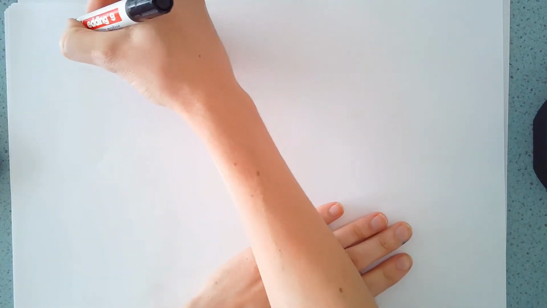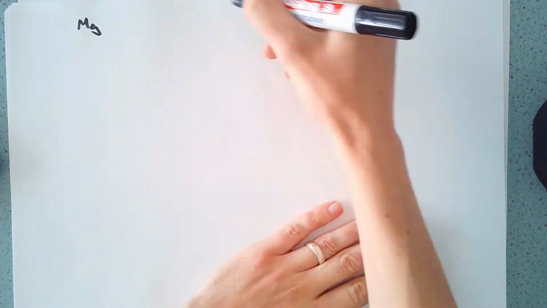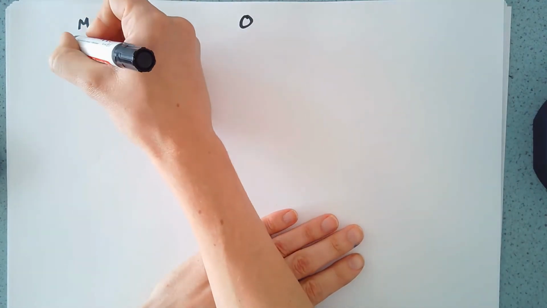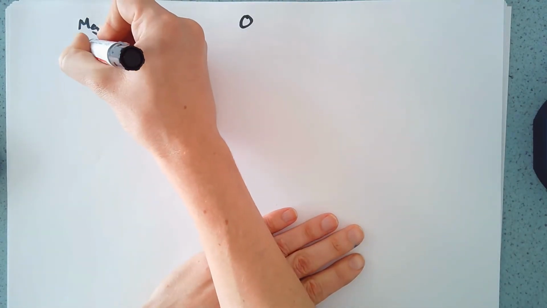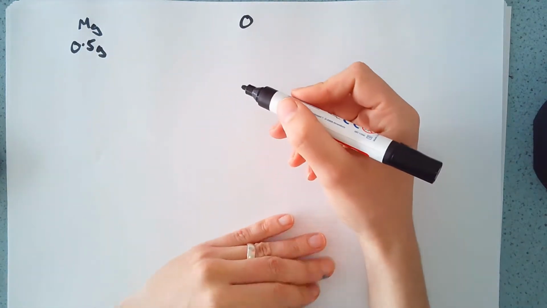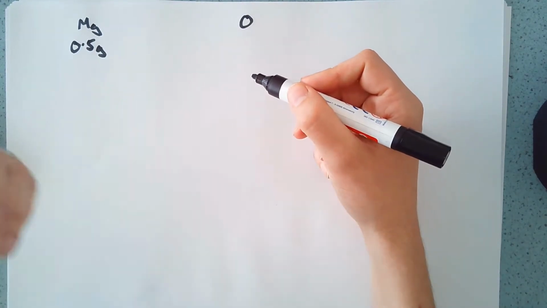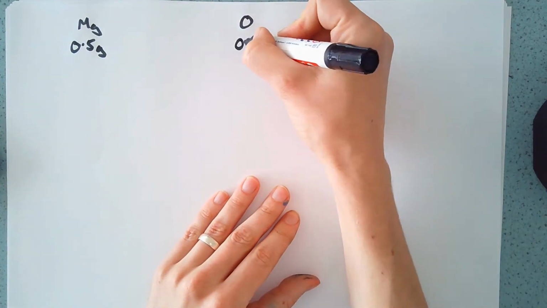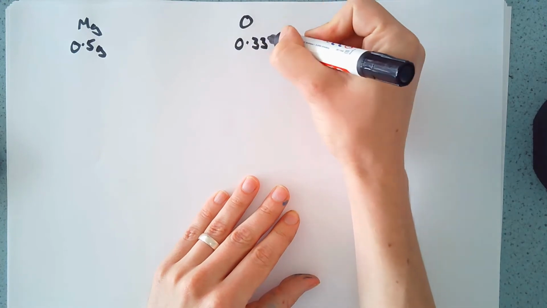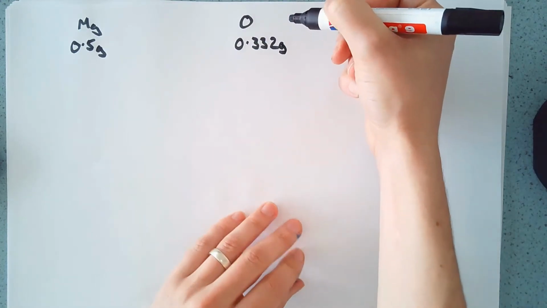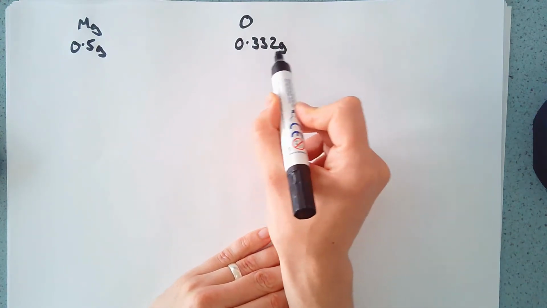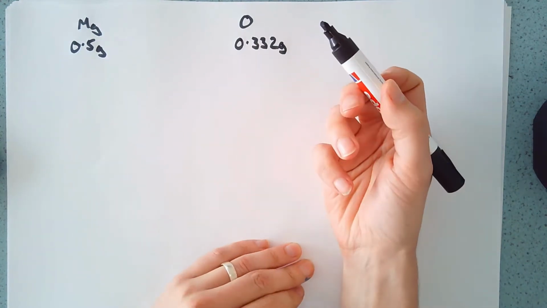Now, an empirical formula we can calculate from reaction masses. So, for example, if I reacted magnesium with oxygen and I measured how much magnesium I put in, and I reacted it, having weighed my crucible, and I discovered that I had a change in mass due to the oxygen which had been added to the magnesium during the reaction, I could make the assumption that that change in mass was the oxygen.